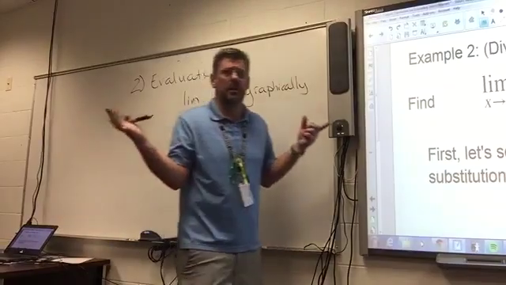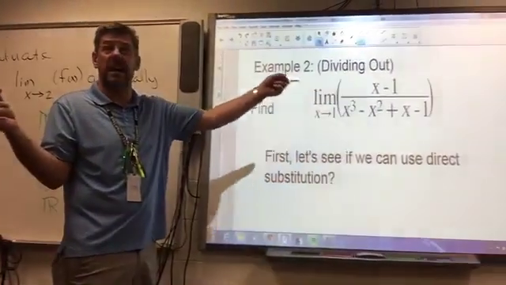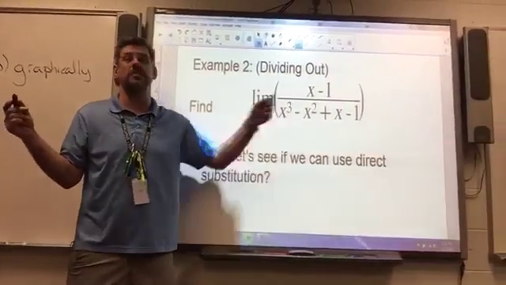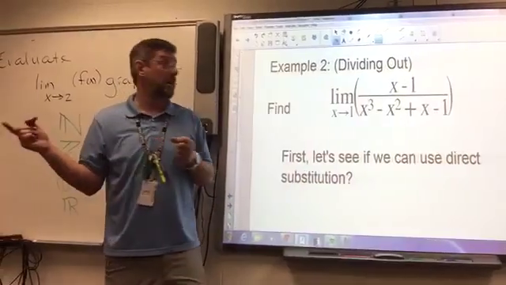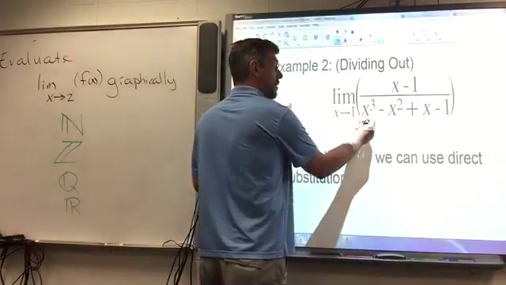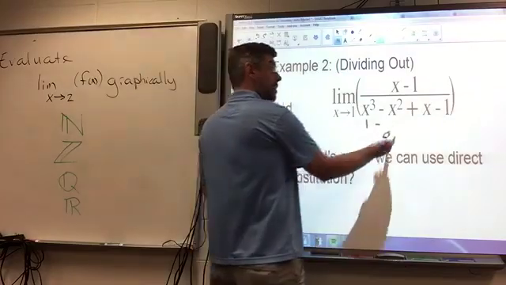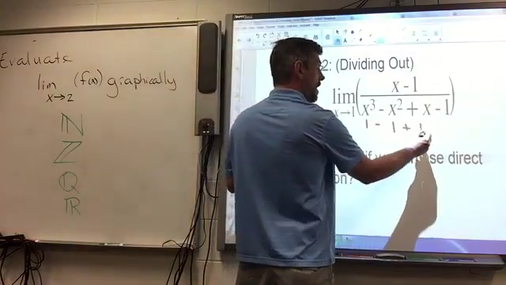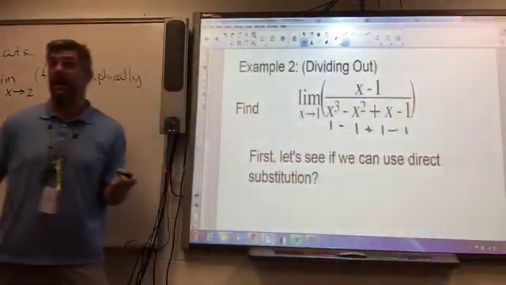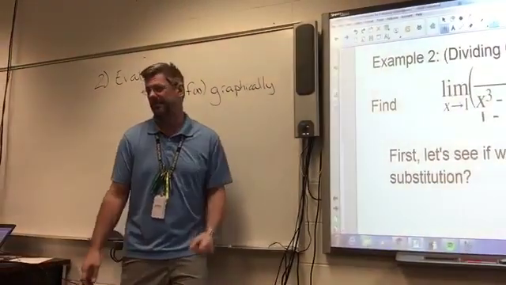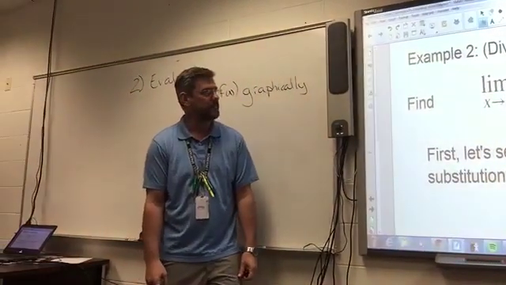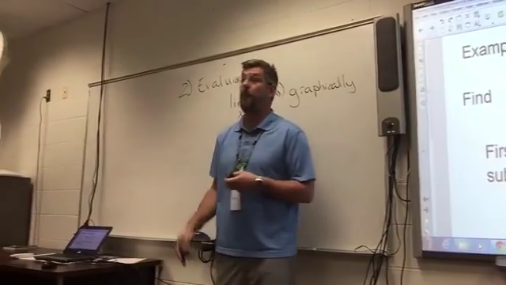Of course. Now, let's see if x equals 1 gives me a 0 in my denominator. 1 cubed is? Minus 1 squared? Plus 1? Minus 1 gets me? 0. Dang. That's too bad.